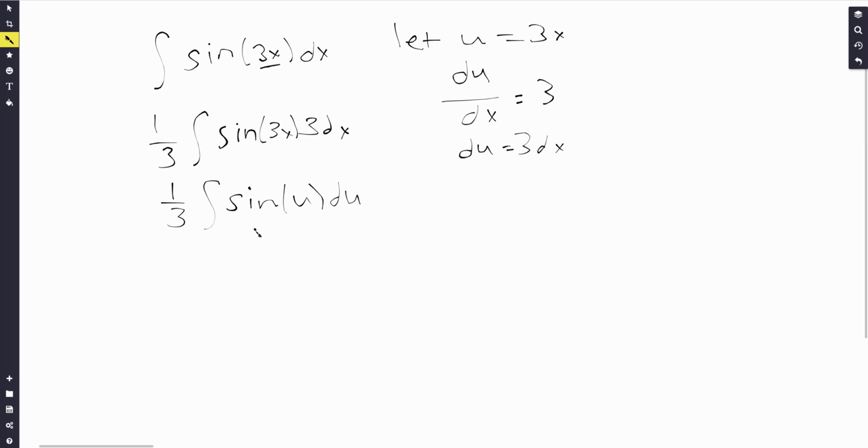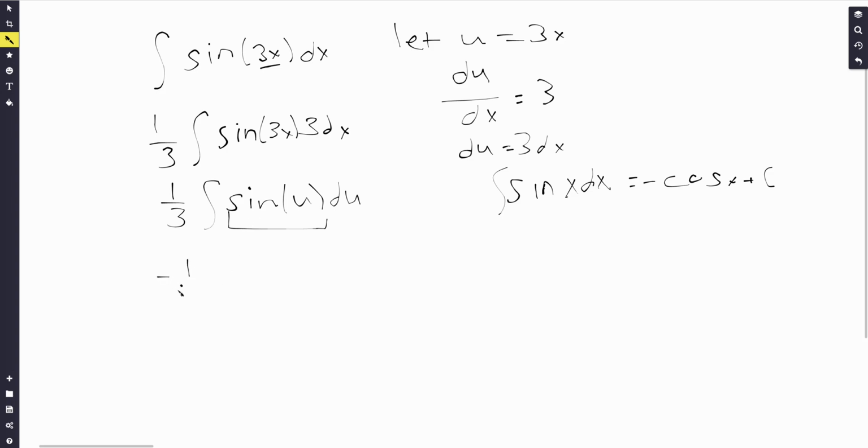And now we can just use our integration rule that we know. So we have sine of u right here, and we know from our rule that the integral of sine of x dx is equal to negative cosine x plus c. So we know that the integral of sine of u would just be negative cosine of u.